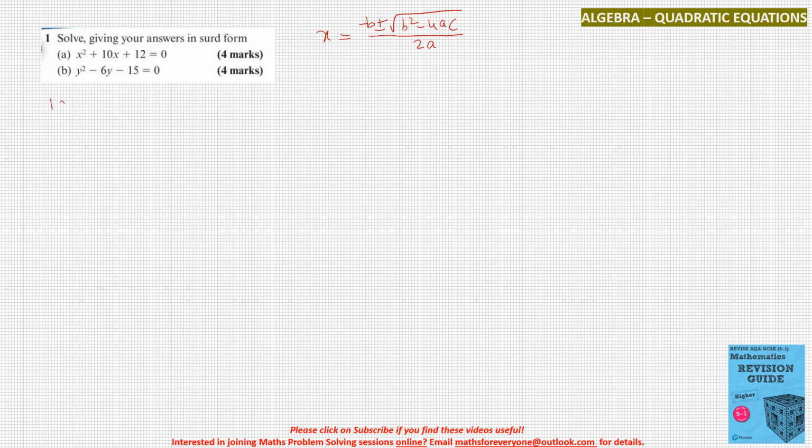So we are solving 1a. So x squared, so that means a is 1, b is 10, c is 12.